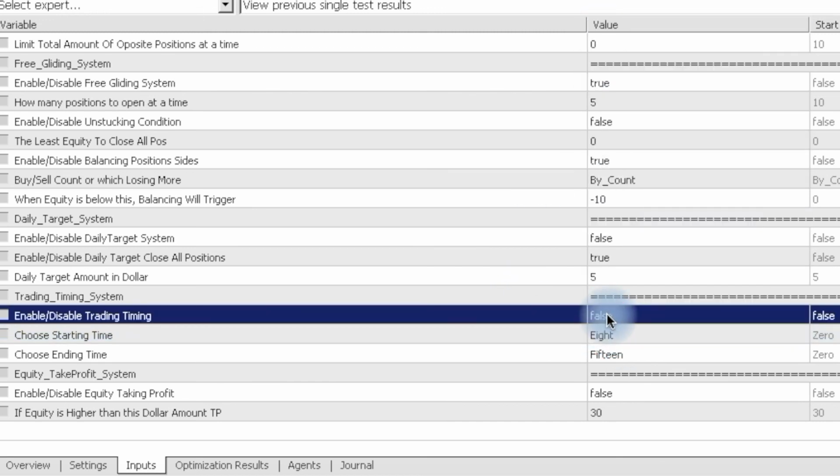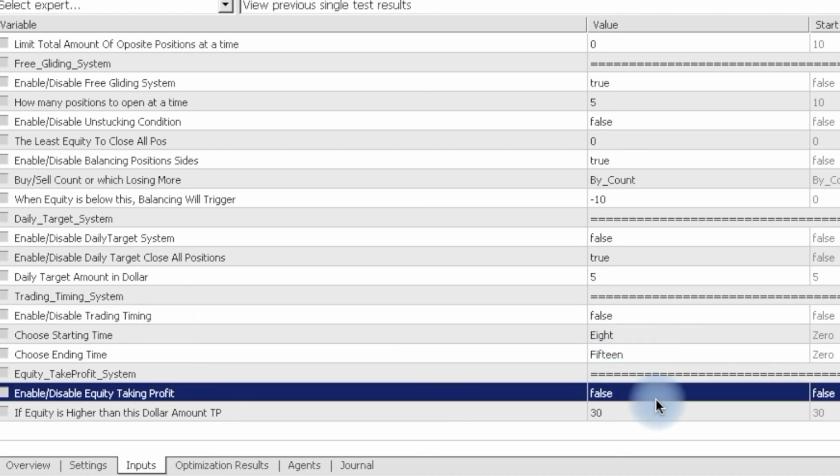I don't enable it. If I want it to trade a specific amount of time, specific hours, then I enable the system and choose the start time and end time. And it's only by hours.